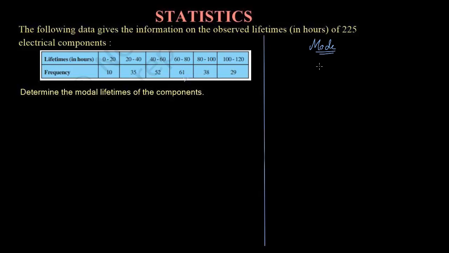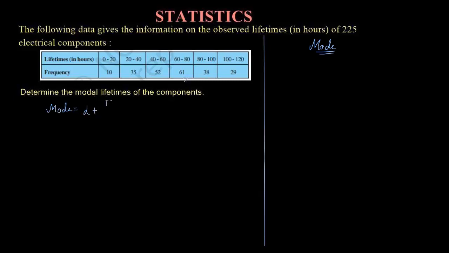So we have discussed how to find the mean, median, mode of the ungrouped data in the very first video of the chapter statistics. You can go and watch those videos as well. In this video, we will be covering how to find the mode when the data given to you is a group data. So let me write the formula first to find the mode of the group data.